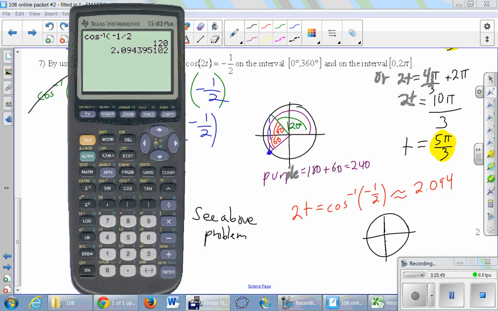So 2.094, it's got to be in the second quadrant, right? Because pi is out here and pi is around 3. So we want an angle that's about 2. So there's your 2.094. If that point is important because of the x, then the other important point is straight down from that one. So we'll draw the purple. And then we'll say that, again, we got to find the reference angle.